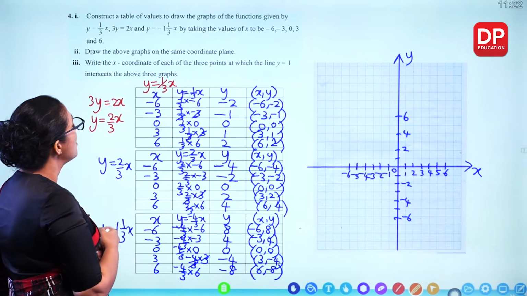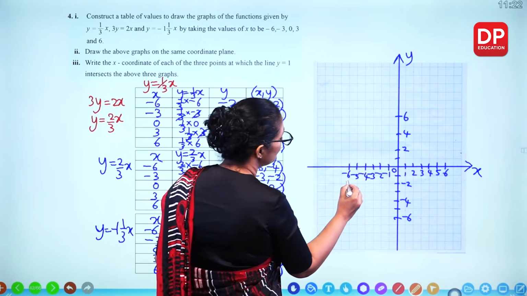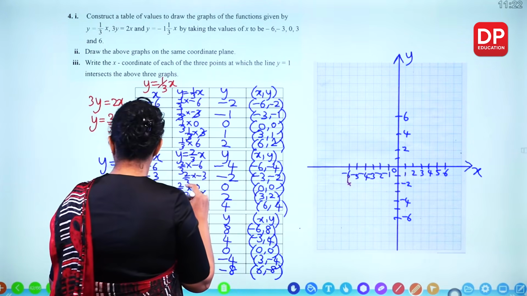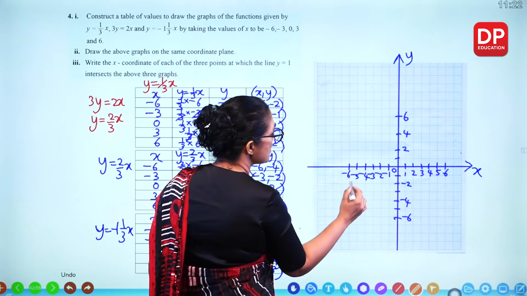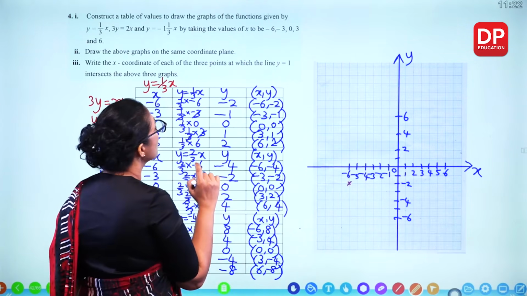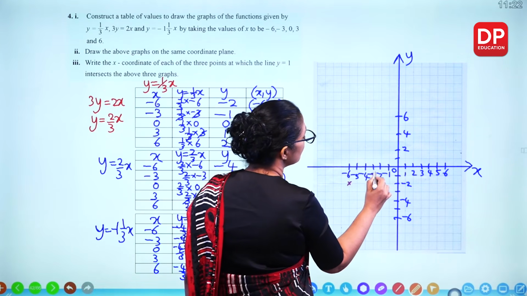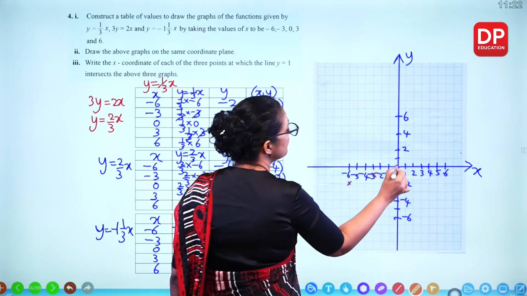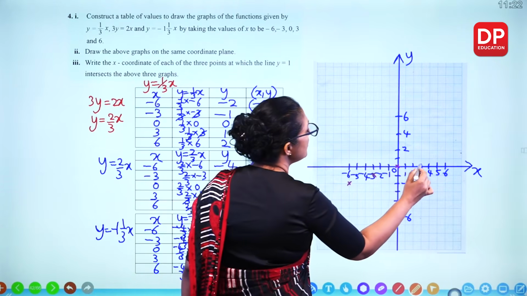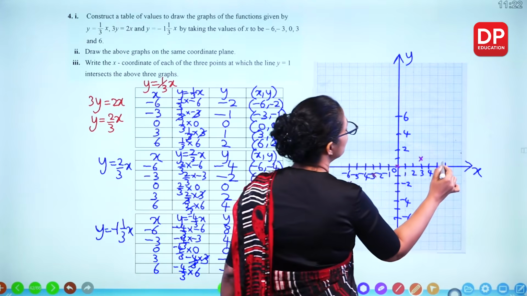Now we'll mark the points. First graph: minus 6, minus 2. Minus 3, minus 1. 0, 0. 3, 1. 6, 2.